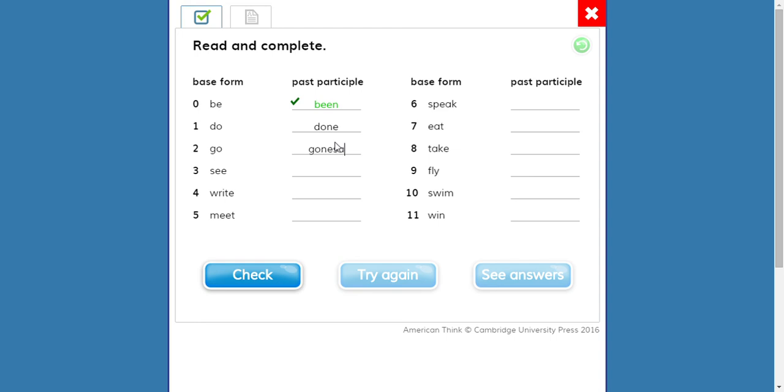See, sang, but sang is the simple past, no? So, you don't need sang. You need the past participle, sung, right? Wrote, but you don't need wrote. You need written. Meet. For example, in this case, in the past simple, met. In the past participle, met. So you're lucky. Speak, spoke, spoken. Excuse me.